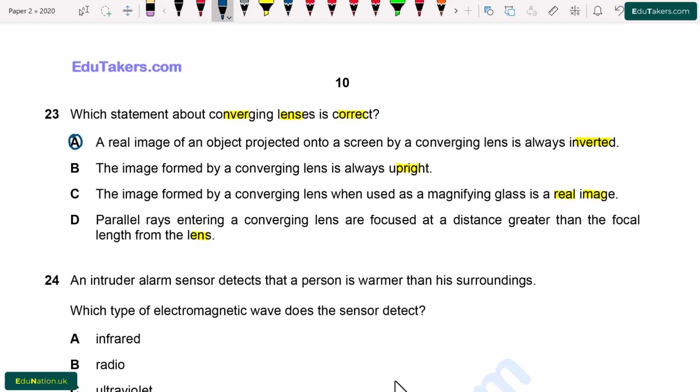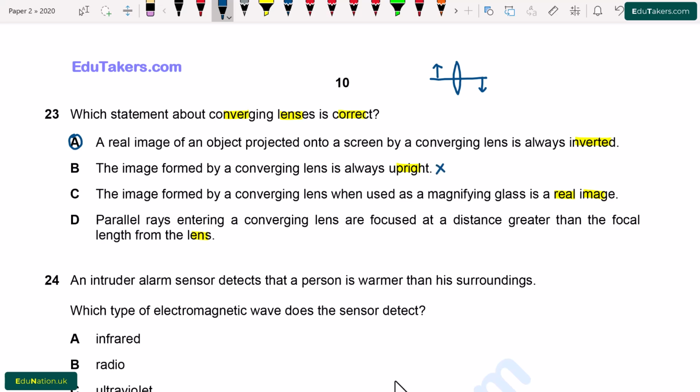Because when a real image is formed by the converging lens, then it should be inverted. It will be like that. If I consider it's a converging lens, and if the object is here, then the image is formed here. Option B says the image formed by the converging lens is always upright. So it is not correct that the image formed by the converging lens is always upright.